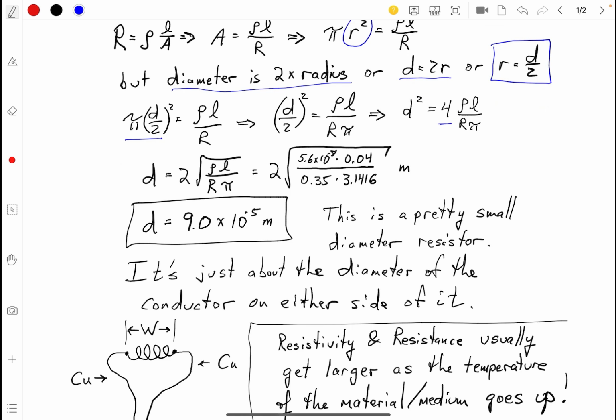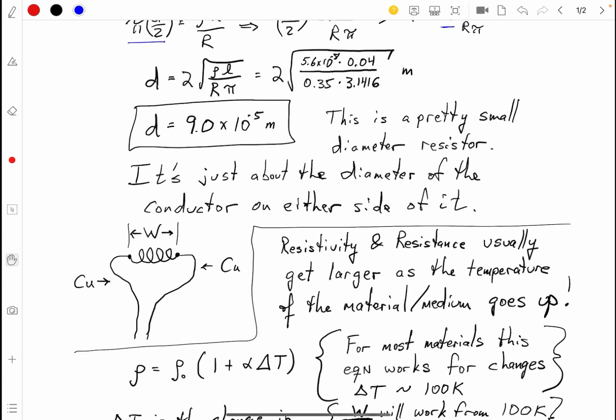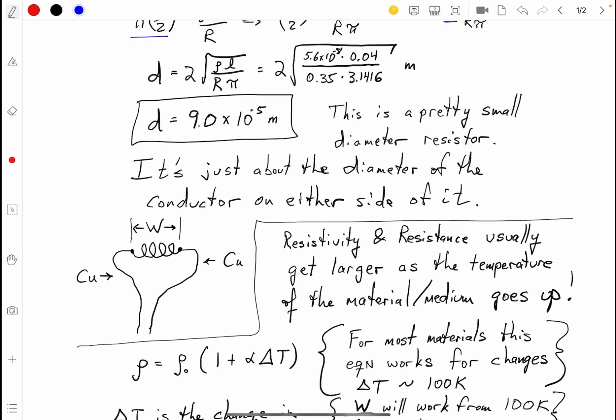So it's a very thin little resistor, and it's roughly about the same size as the conductor that's leading to it. So if you look here, we've got copper coming in and going out, and then we've got the resistor in the middle of our omega, and then that thing is going to heat up, our tungsten in the middle, and that's going to heat up and give us some resistance in ohms.